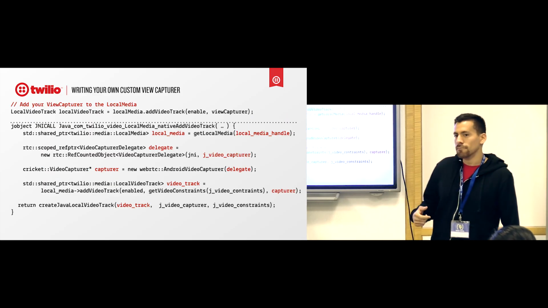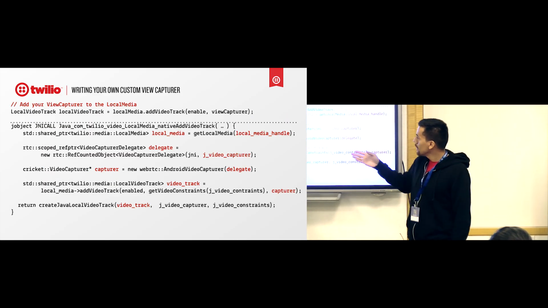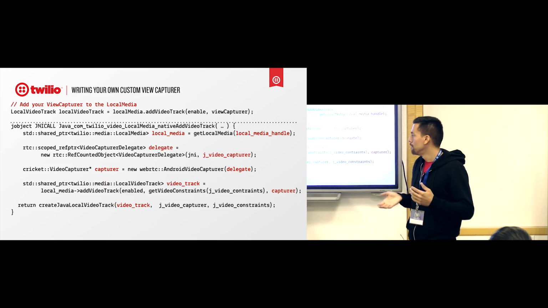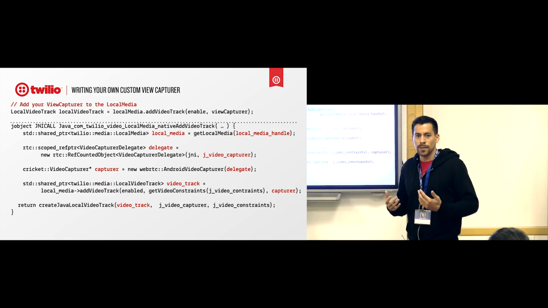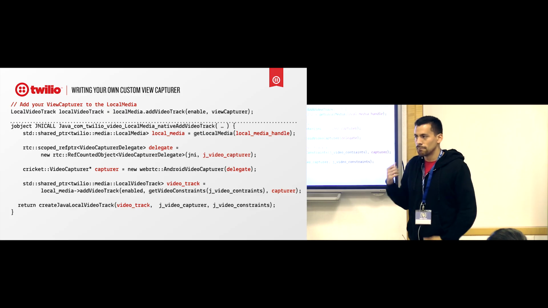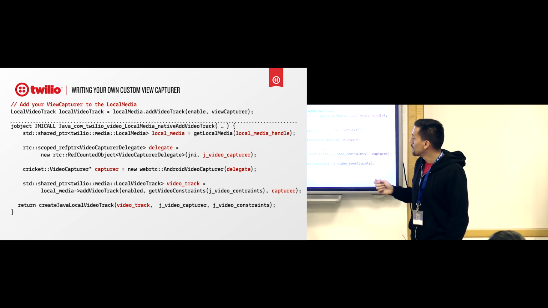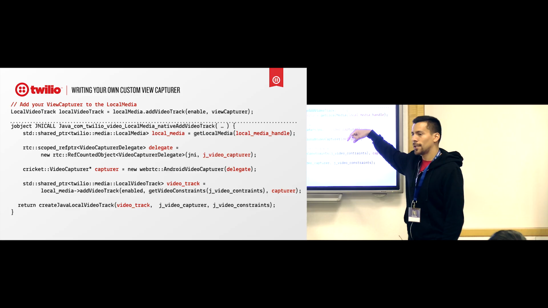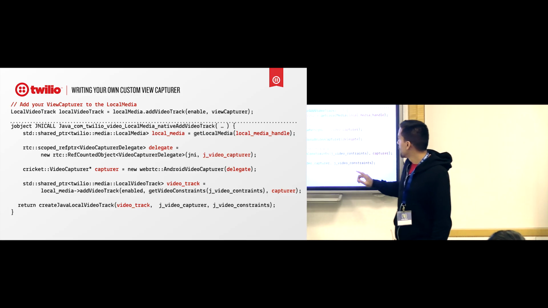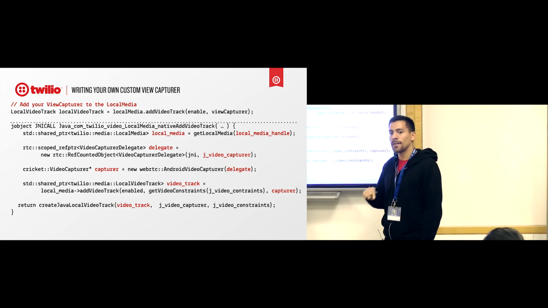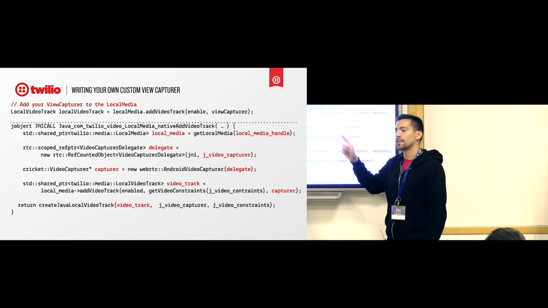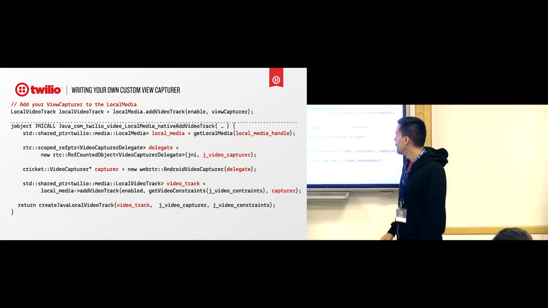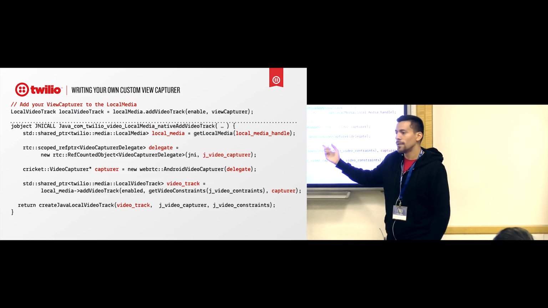I kept saying us and we. What I'm really talking about is that we use the power of WebRTC, Google's Chromium WebRTC implementation. Under the hood, when you call addVideoTrack, we go down using JNI and create a delegate, which allows us to call back to these methods, startCapture and stopCapture. We're using a standard Cricket video capture.